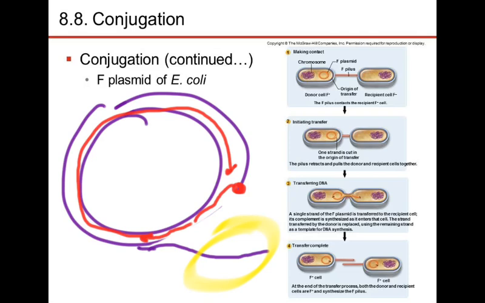But if you think about the model I just tried to draw for you, as one strand is being pushed through, the rest of the plasmid is being made double-stranded, right? So the plasmid is staying double-stranded, but one single strand is being peeled off and pushed through the sex pilus and transferred over. So when that strand gets over to the recipient cell, it has to be converted to double-stranded, and then it'll replicate as a plasmid down inside of that.